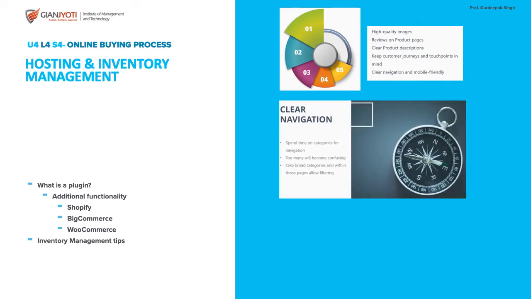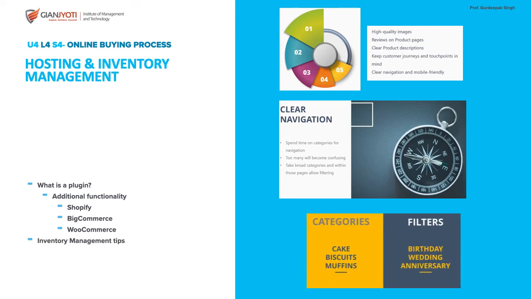So when we talk about the navigation, it has to be very clear, right? In terms of the categories, you should make it very simple and less in number. If you are putting too many categories, it becomes very confusing. Take the broad categories, and within that you can use the filters to understand the requirement of the consumers.